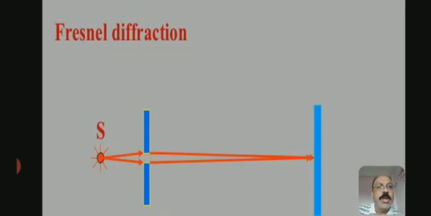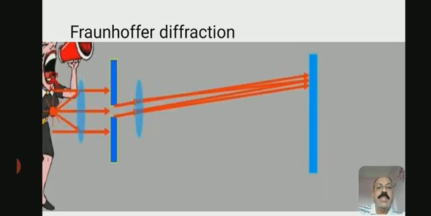Now for Fraunhofer diffraction, the light from the source passes through and is incident on a lens. After refraction, the light ray becomes a plane wavefront and is incident on the obstacle. After passing through the obstacle, the light ray passes through another lens, L2, the second lens.